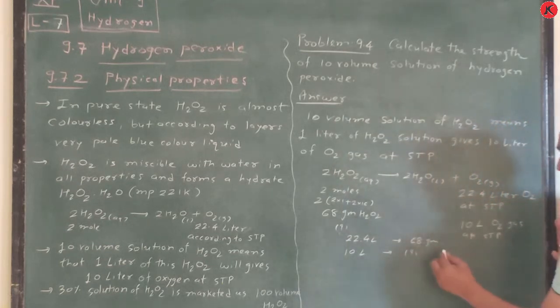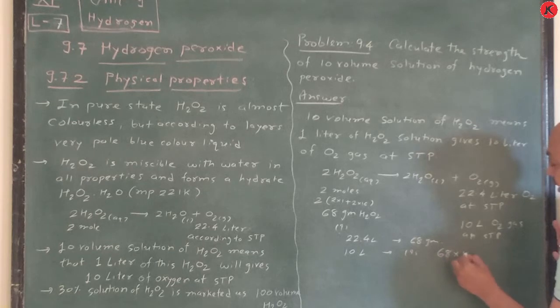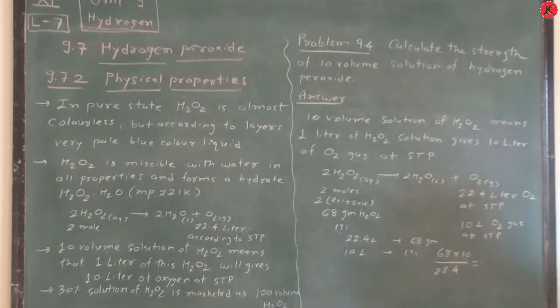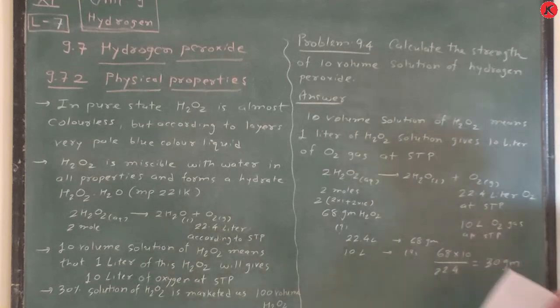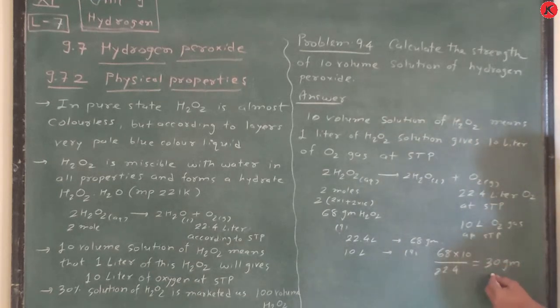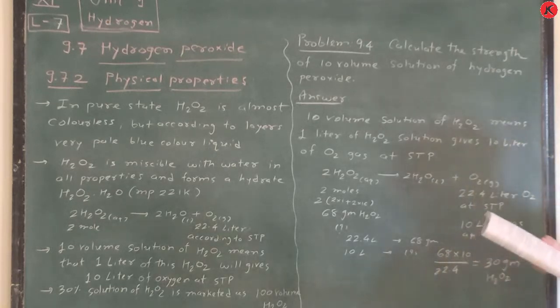Therefore 68 into 10 divided by 22.4. This value is around 30 gram, that is 29.9 gram. So approximately 30 gram H2O2 is obtained.